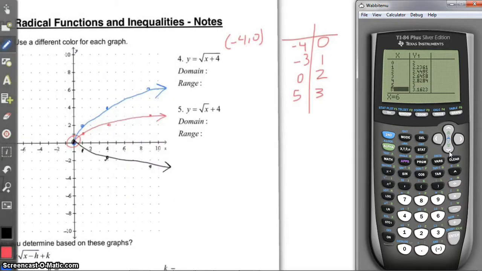So let's graph them. I'm going to use the green color with this one.